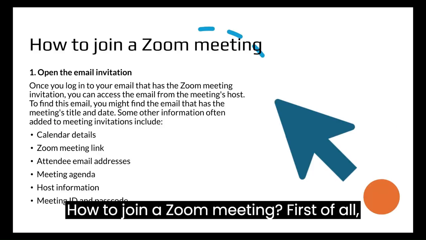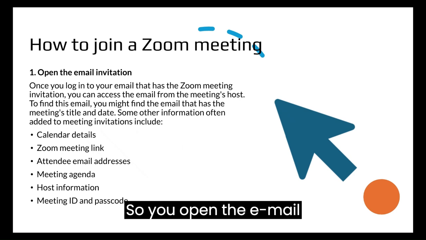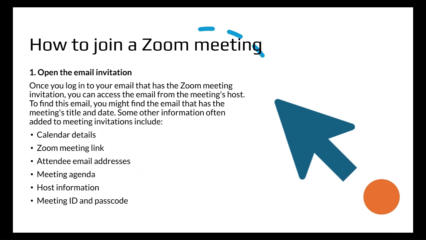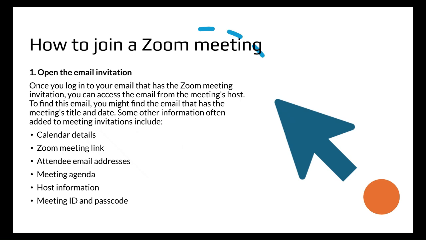How to join a Zoom meeting? First of all, you need an email invitation to join it. So you open the email invitation, logging into your email as we said before. You can access the email from the meeting's host.